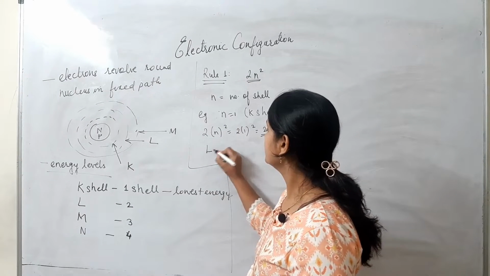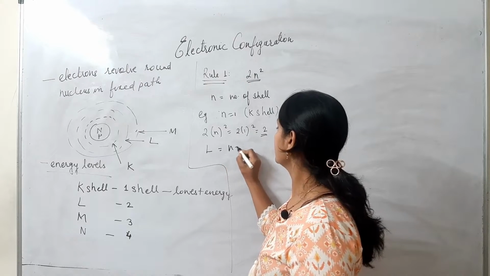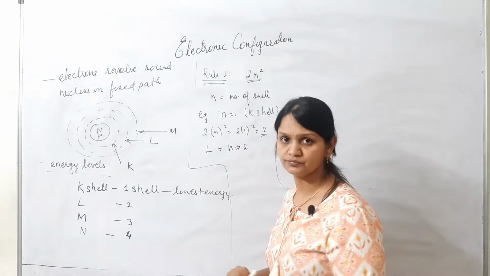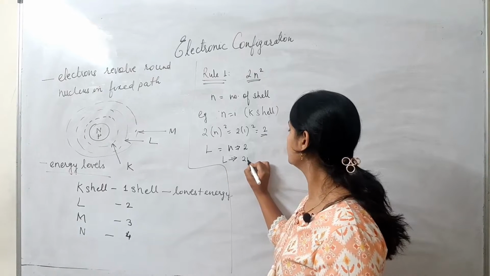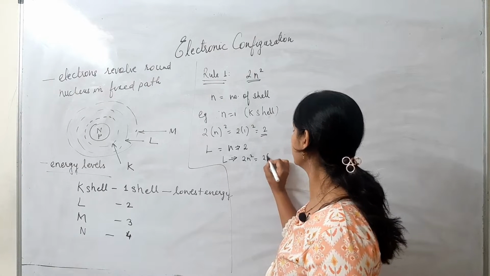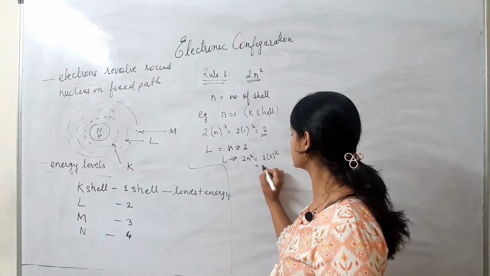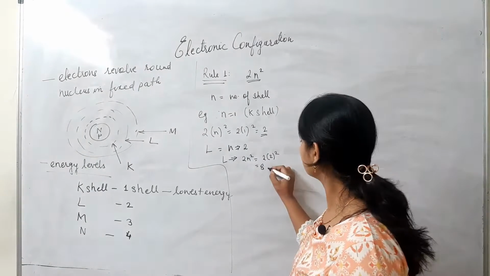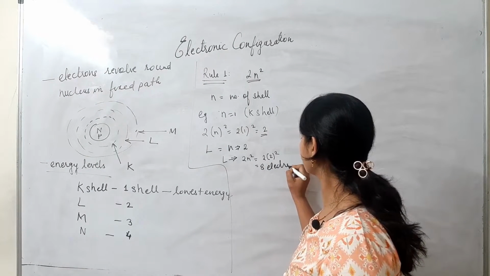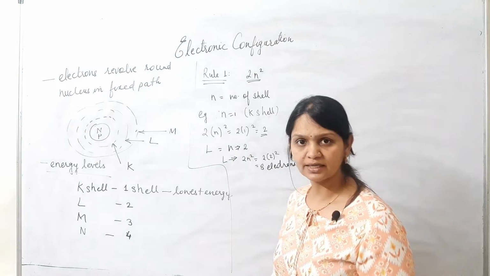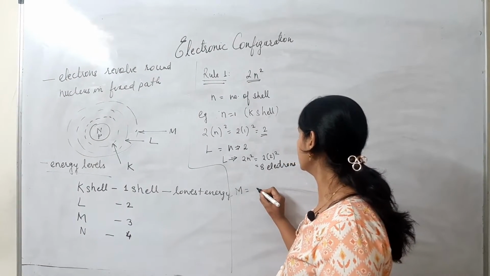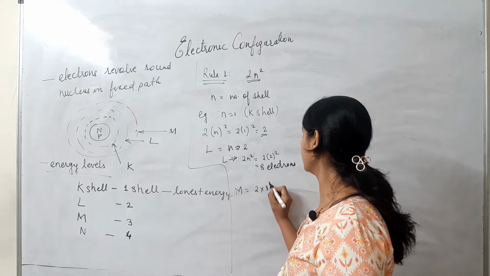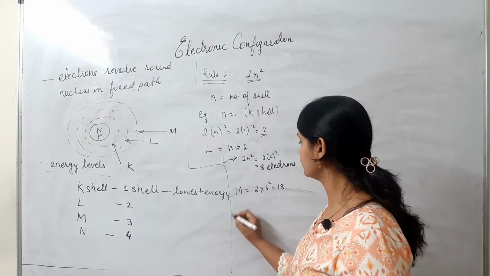Similarly, for the L shell, where n is equal to 2, we have 2n square, that is 2 into 2 square, which equals 8 electrons. So, the L shell can contain only 8 electrons. Similarly, the M shell will contain 2 into 3 square, which is equal to 18 electrons.